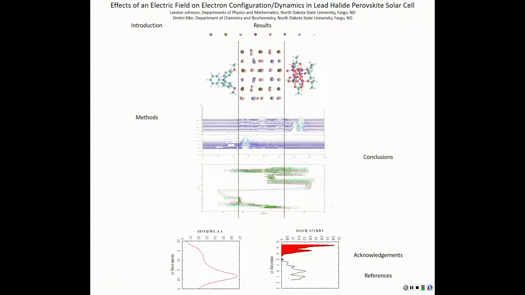It does work out that way in this case. This is the HOMO right there, and that's the LUMO. I don't have the PDOS printed off yet, but I said PDOS because this is kind of a PDOS.